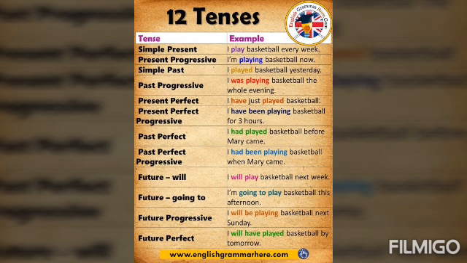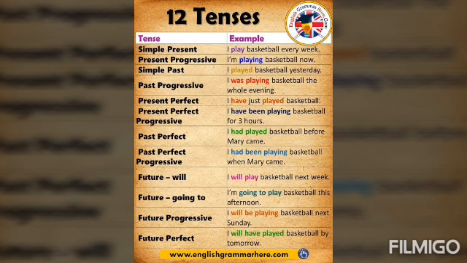Next one is past perfect. In past perfect, two actions are happening. One happens first, another happens next. For the first happened action, we use past perfect. That is, the structure is had plus past participle.